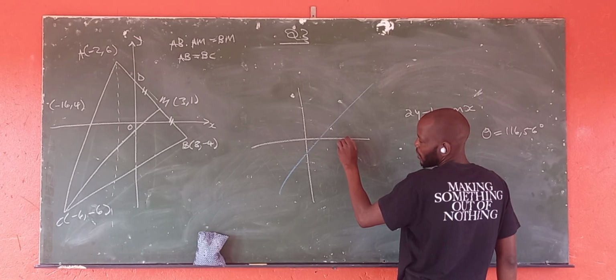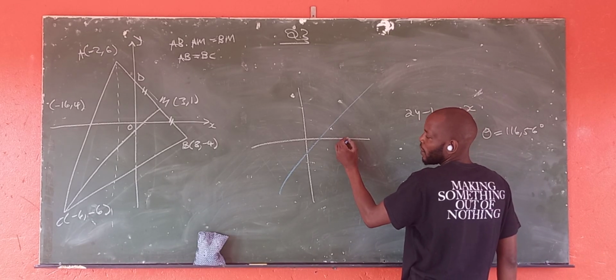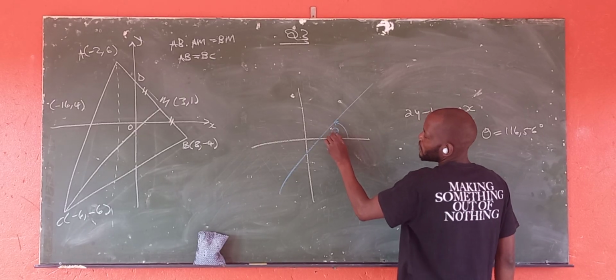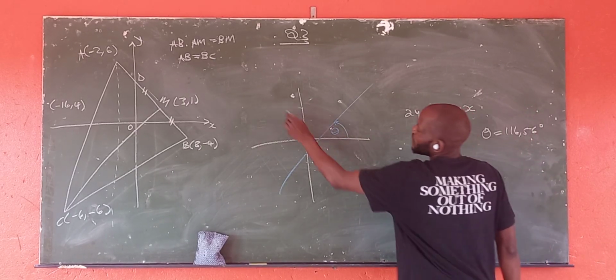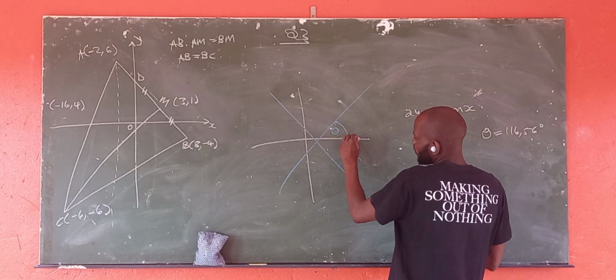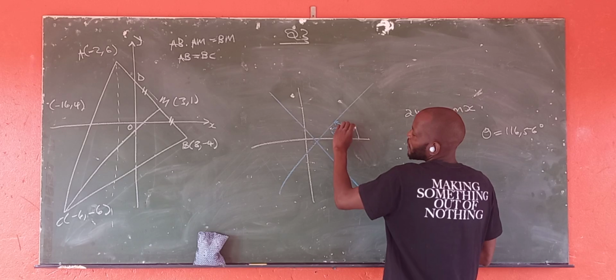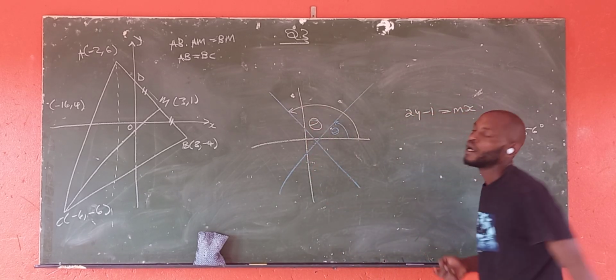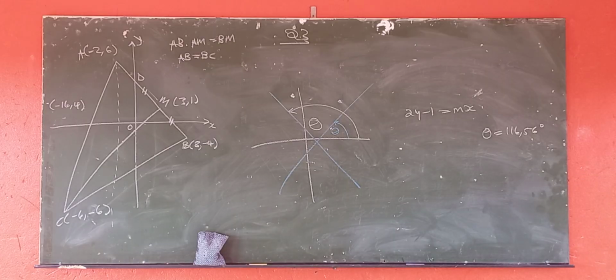We start measuring from the positive x-axis, and then we go anti-clockwise until we reach the line. This is the angle of inclination, right?